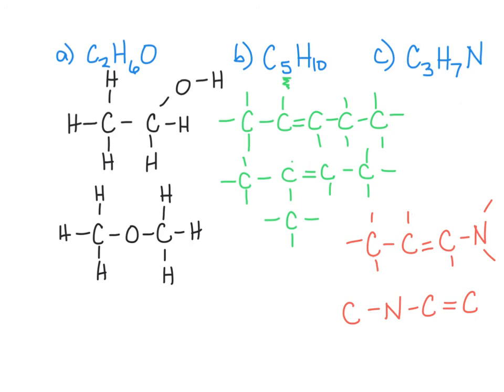So if I just throw it in there, I'm going to give everybody the hydrogens that they need. 1, 2, 3, 4, 5, 6, 7. Okay, so lots of different structures that I can draw. These are called structural isomers, and we'll talk more about those in the coming days.